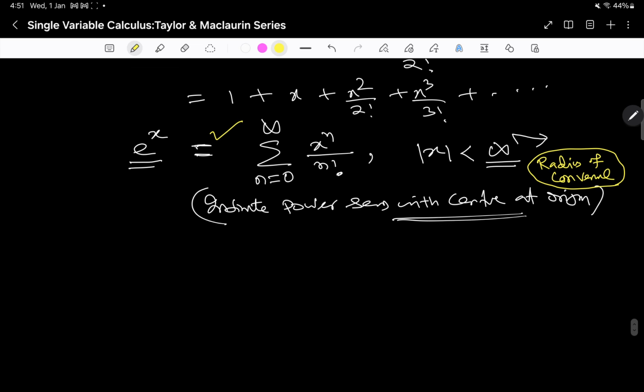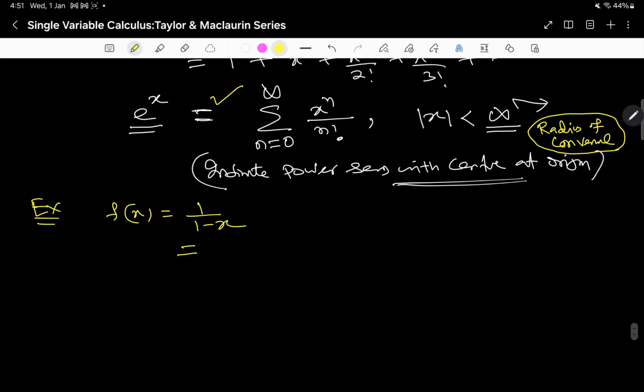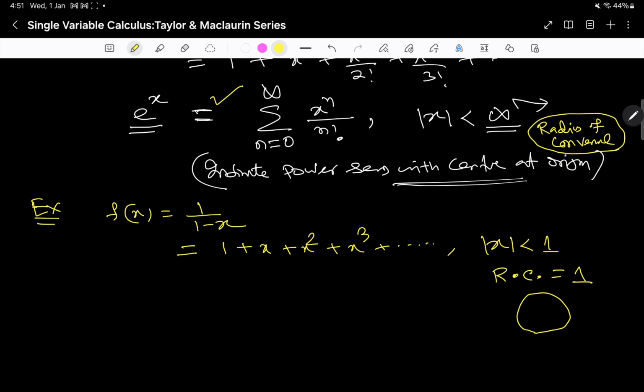Similarly, one more example: if I ask f of x is equal to 1 by 1 minus x, what is its Maclaurin series expansion? You know it is 1 plus x plus x square plus x cube and so on, and here mod x is less than 1, right? Here the radius of convergence is 1, means this series will be valid, the center is 0 and the radius is 1.